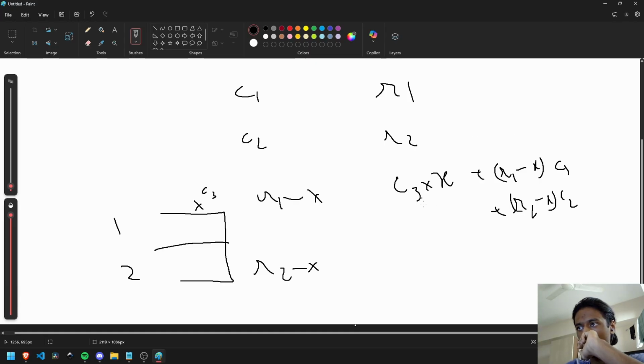And if we move this equation around, it comes as X into (C3 minus C1 minus C2) plus the remaining equation.